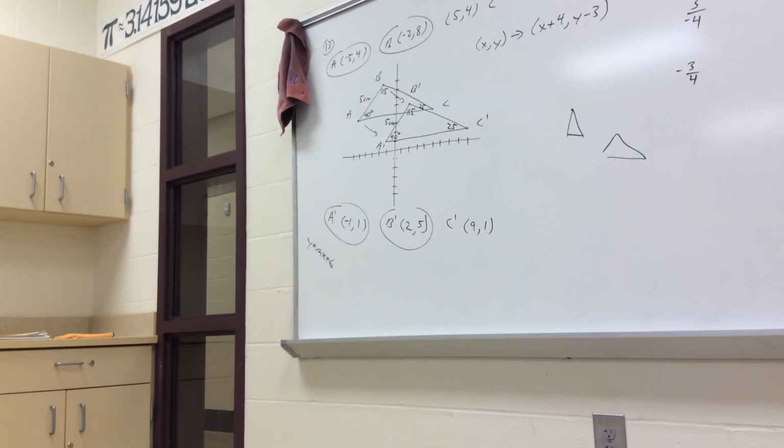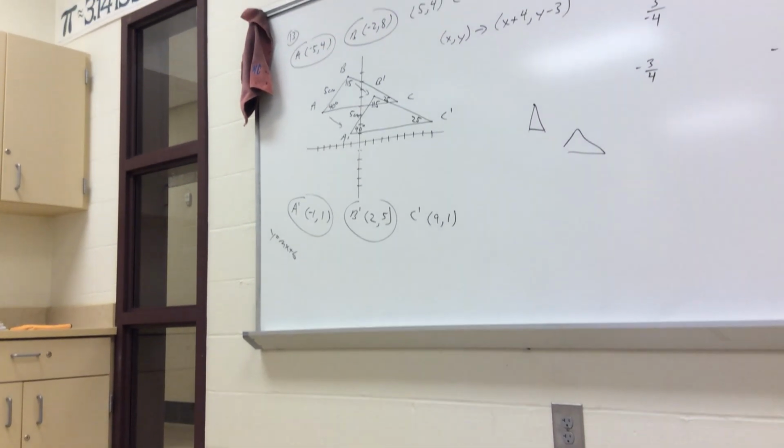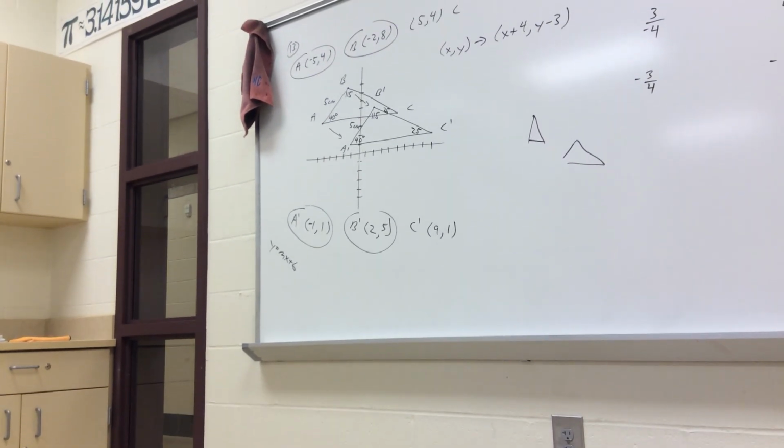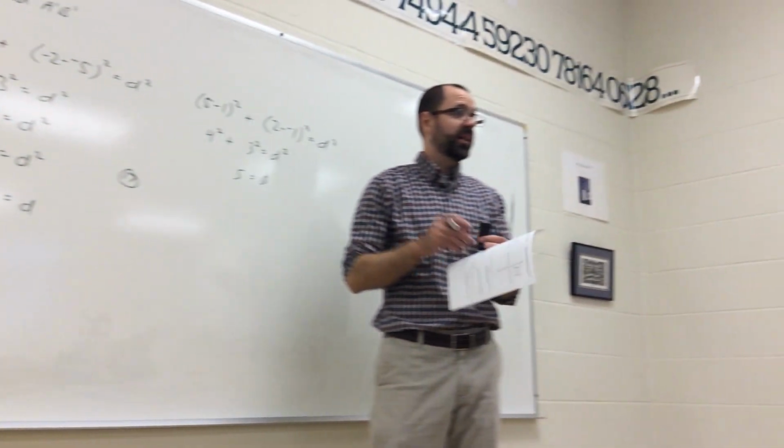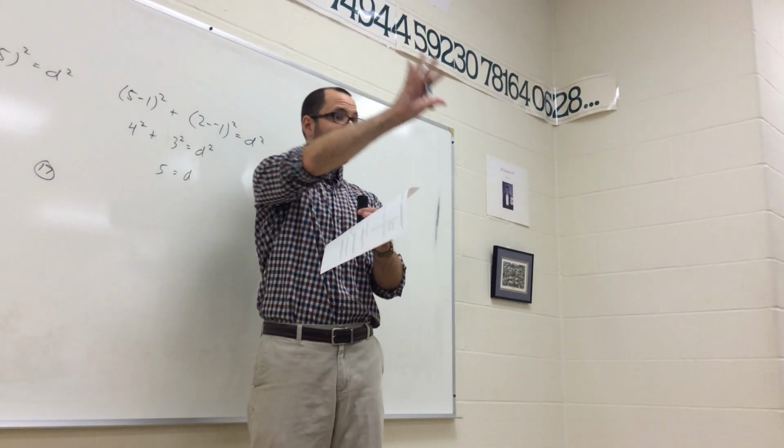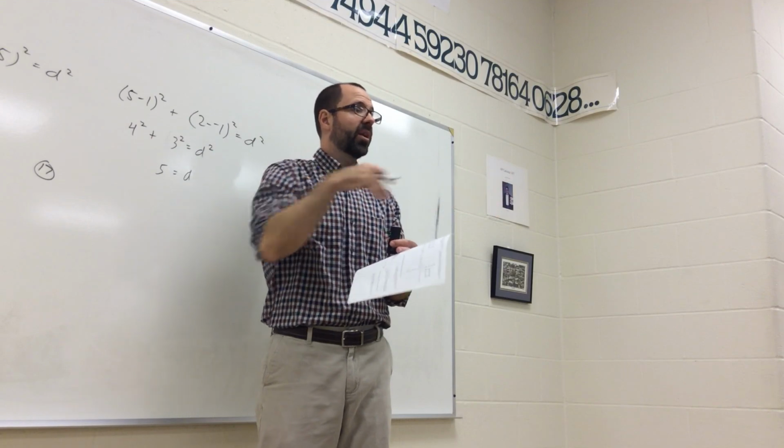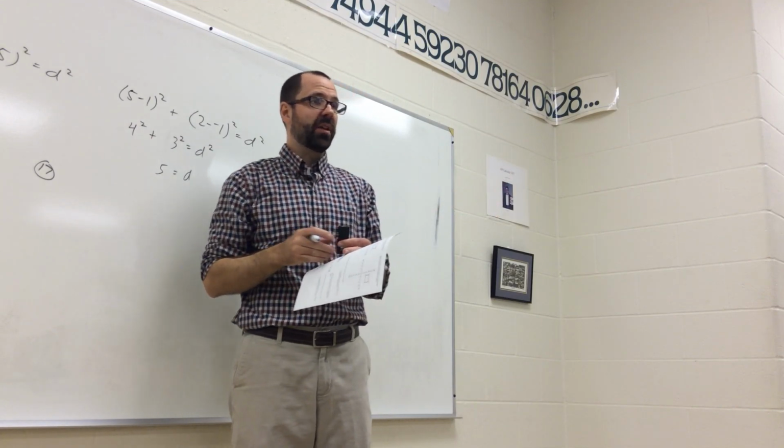Okay, so number 17 says, when you take a triangle and translate it, or any figure, when you take a figure and translate it from here down to here, what kind of a figure do you end up with?